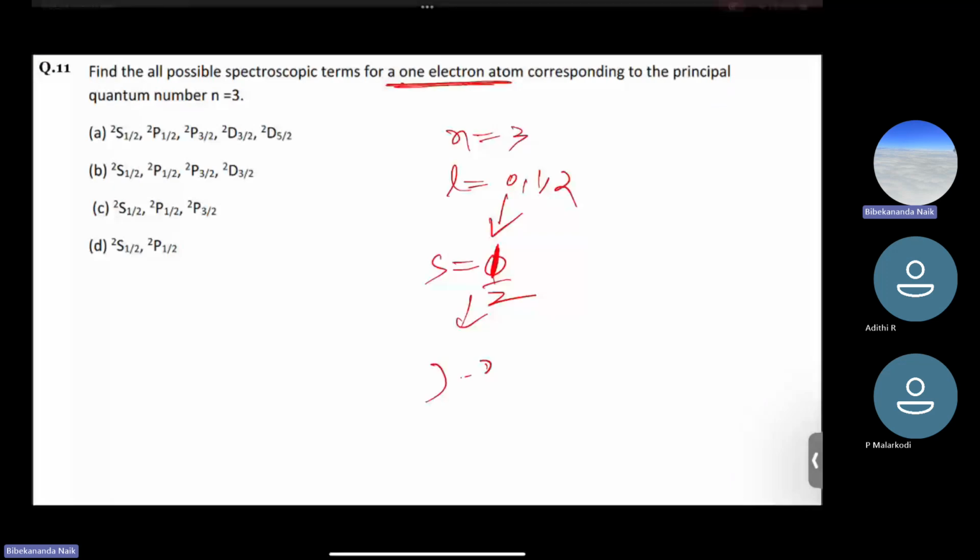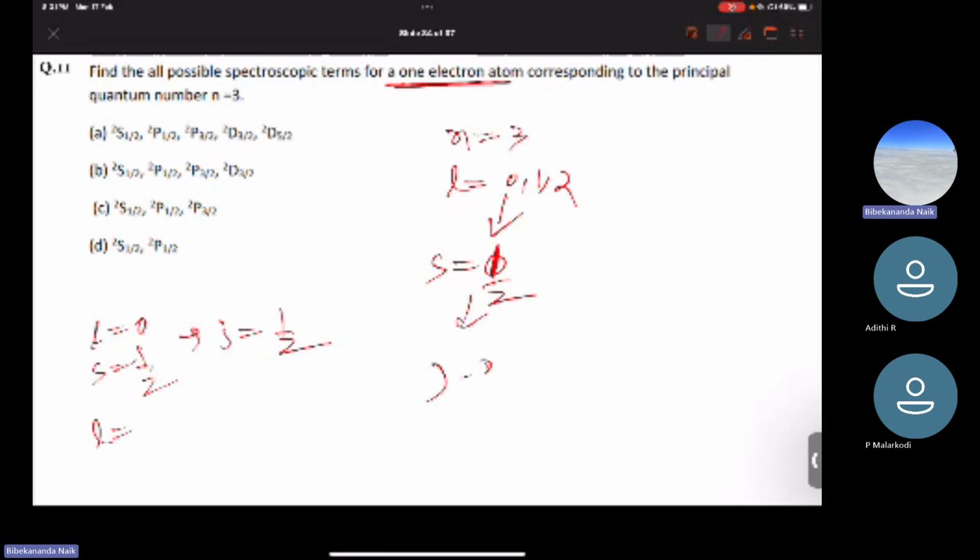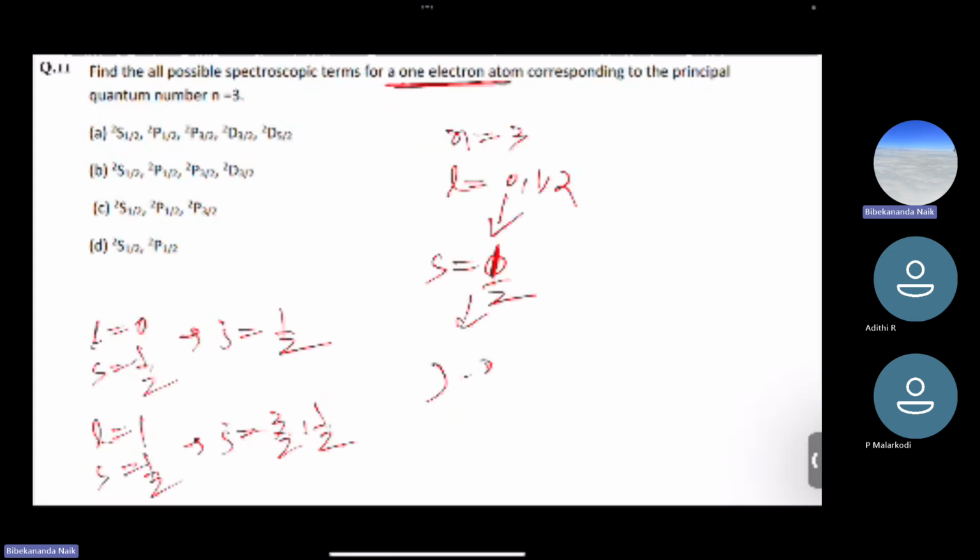Corresponding to L equal to 0, S equal to half, we have J value half. Corresponding to L equals to 1, S equals to half, we have J values 3 by 2 and half. Corresponding to L equal to 2 and S equal to half, we have J values 5 by 2 and 3 by 2. Since S is equal to half, 2S plus 1 will be 2.